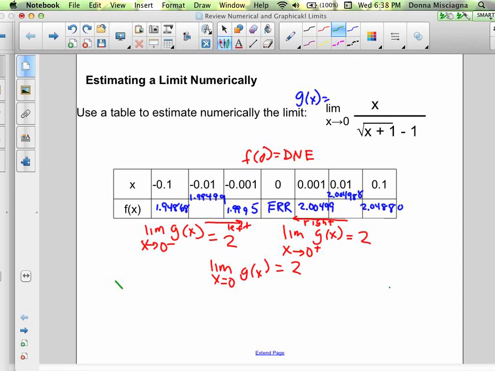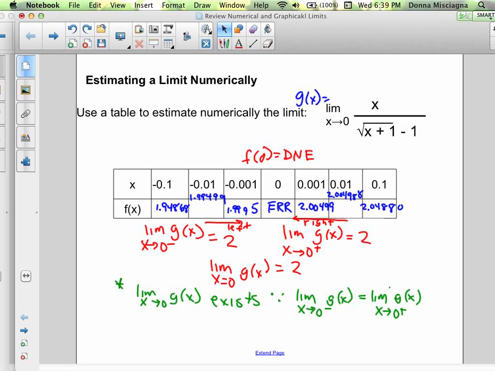And we can note, and these are all in your notes, that the limit as x approaches 0 of g of x exists because the limit as x approaches 0 from the left-hand side of our function is equal to the limit of g of x as x approaches 0 from the right-hand side.